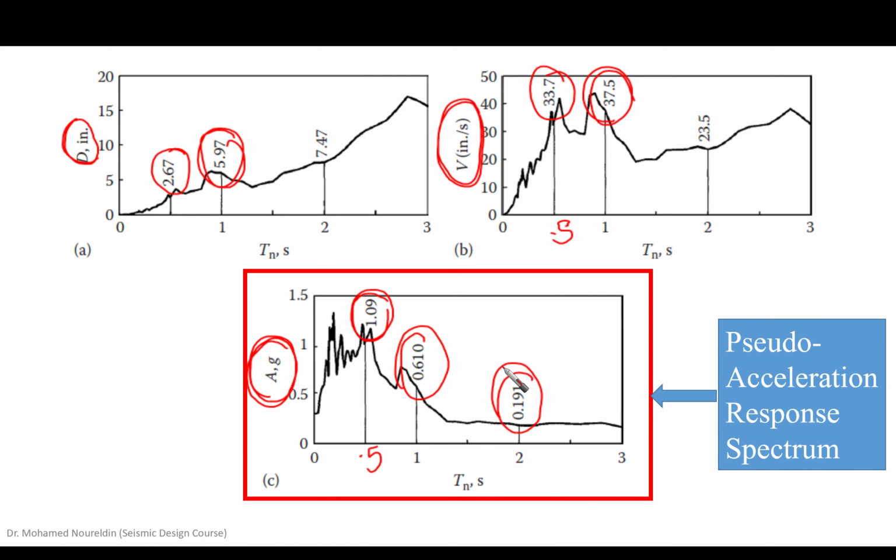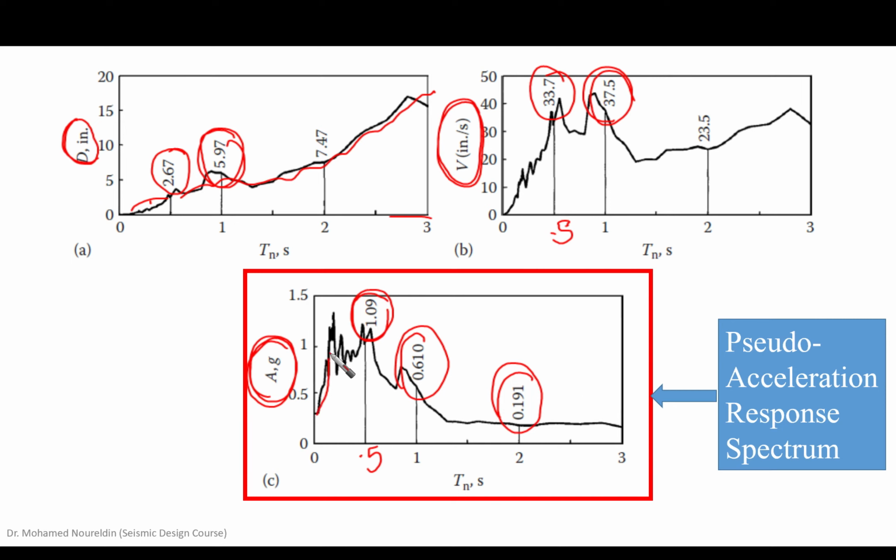Okay, there is something that we need to notice here. Whenever we increase the natural period of the system, it seems as if the deformation is increasing, right? In some way it is increasing. But when it comes to the pseudo velocity and pseudo acceleration, we find that it's not like this.